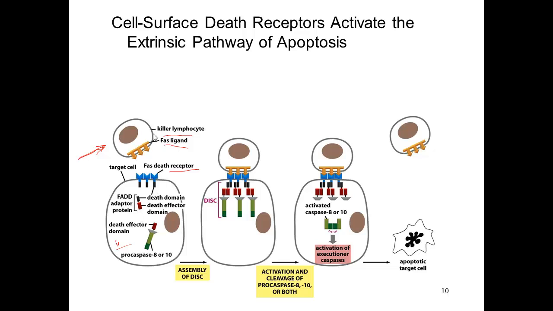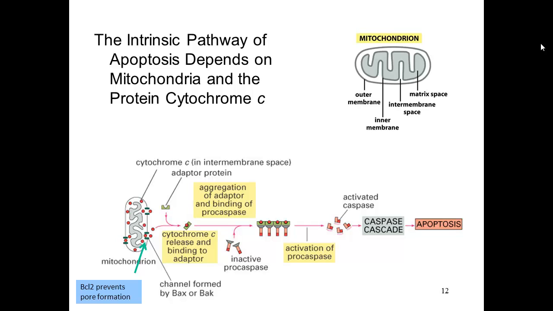However, it still remains for a killer lymphocyte to recognize this Fas death receptor, and by binding here, you're going to activate a number of these caspase proteins, which then can trigger sequences of activation events of various pro-caspases, and then you're going to undergo the normal apoptotic cellular pathway.